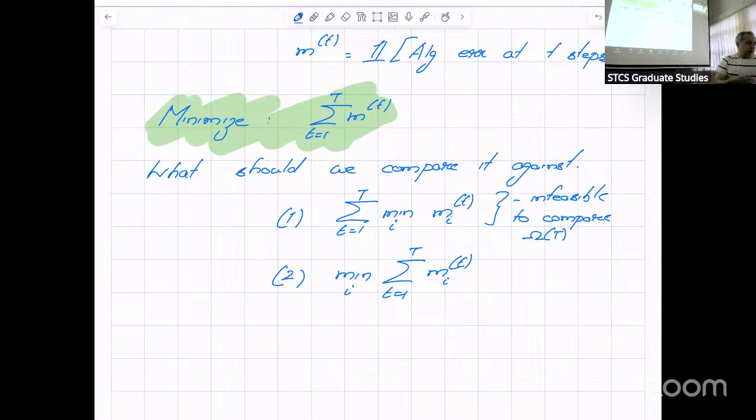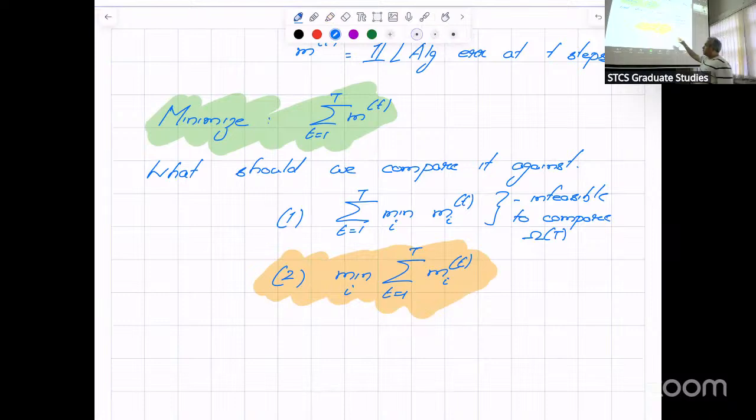But this one seems a slightly more reasonable thing to do. For example, if there was an infallible expert, this would be the infallible expert. But now you're assuming there is no infallible expert. So at least in hindsight, there is one expert who has possibly done very well. Initially, he or she might not have done well, but they possibly change as time goes on. But over hindsight, after you look at all the T steps, you know one expert has done the best. You want to rate your performance against this particular expert.